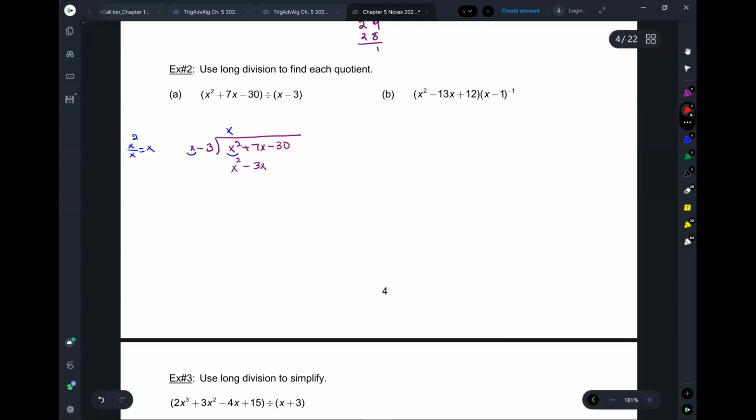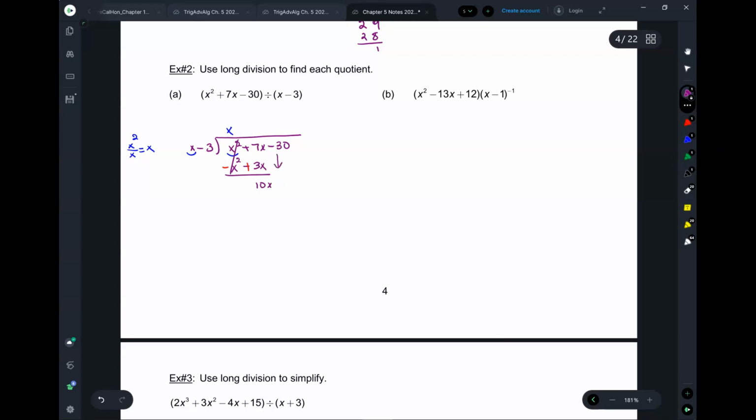So here is like the mnemonic, right? In order to do this, you draw the line, change the signs, and combine. Draw the line, change the signs, combine. So this goes away. And then here we have 10x.